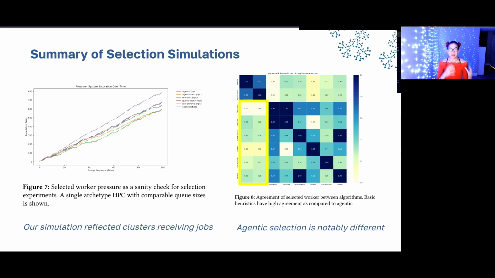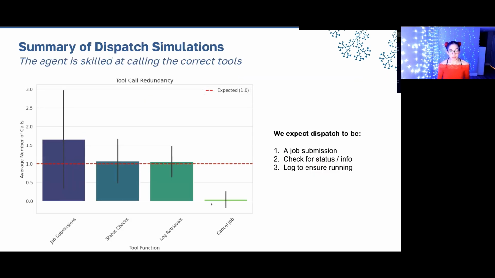They tend to have less agreement with the more traditional algorithms, such as just having a sort and then getting the first ready cluster, or the minimum cost, or the queue depth. So this was very rudimentary preliminary work. We need a lot more work here. But the reason we wanted to share it with you is that there's a lot of interesting development and work to do with respect to agents making decisions based on resource selection.